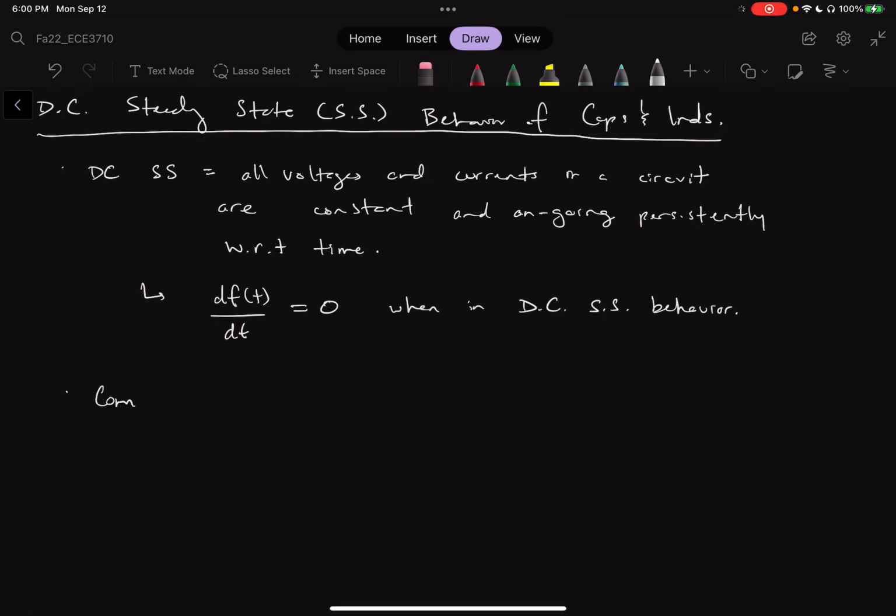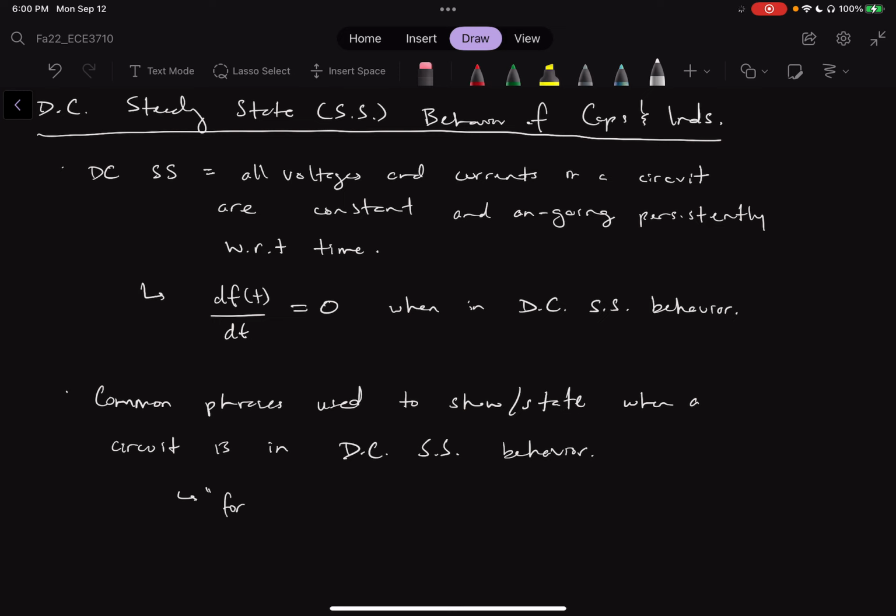Common phrases used to show and state when a circuit is in DC steady state behavior: "for a long time" means DC steady state behavior, and "as time approaches infinity."